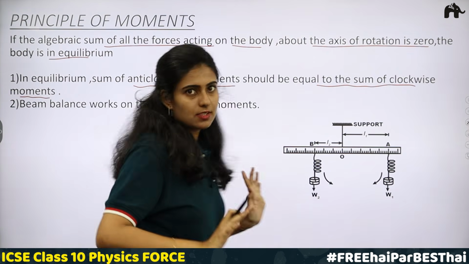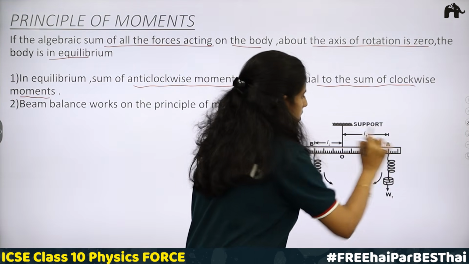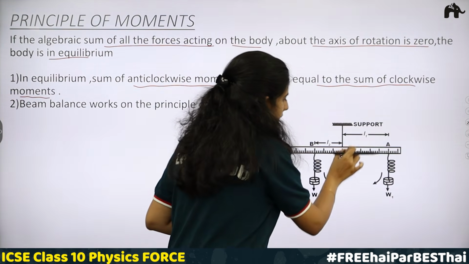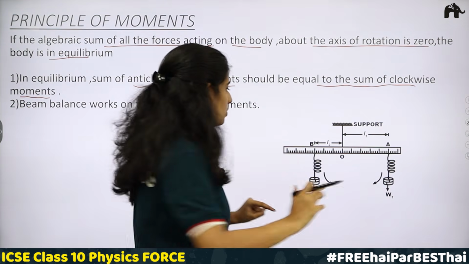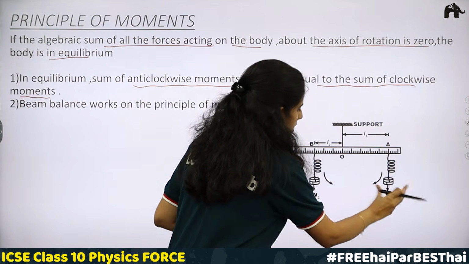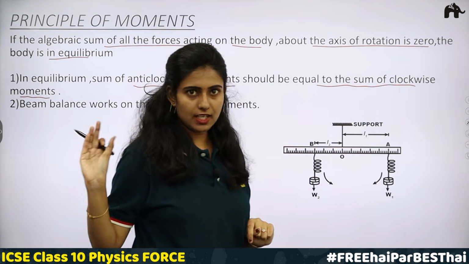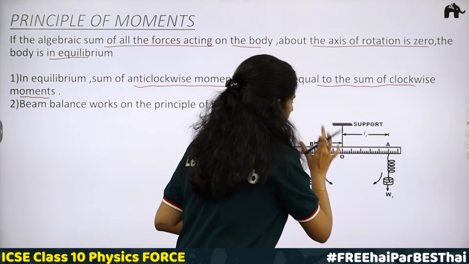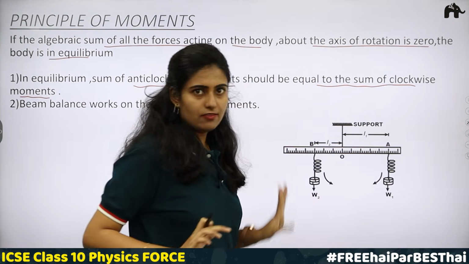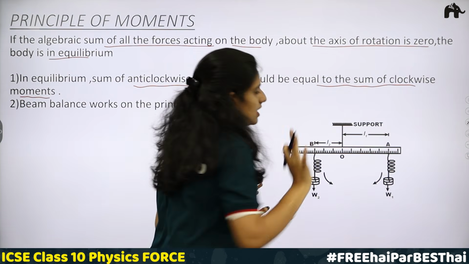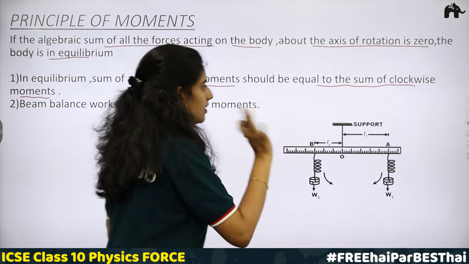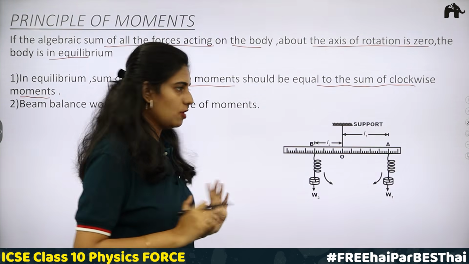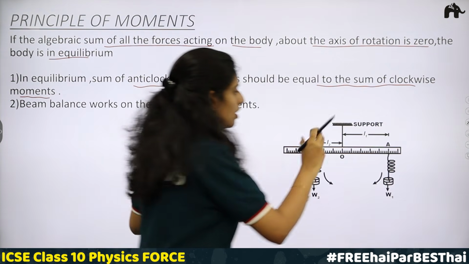Now take the case. Here you have a meter rule which is supported at point O. Using spring balances, weights W1 and W2 are suspended at points A and B. A is at a distance L1 and B is at a distance L2. We are going to verify the principle of moment. Now what happens?